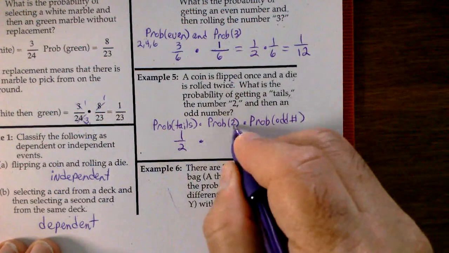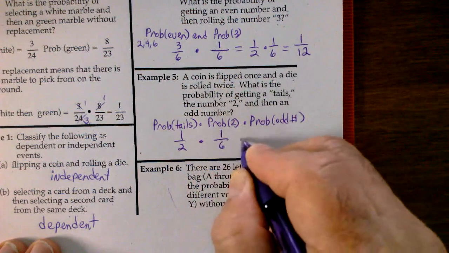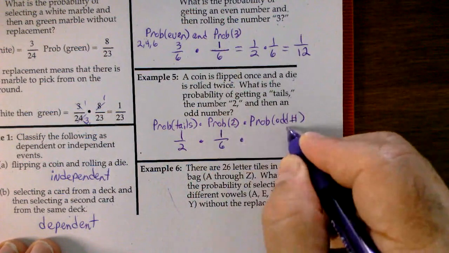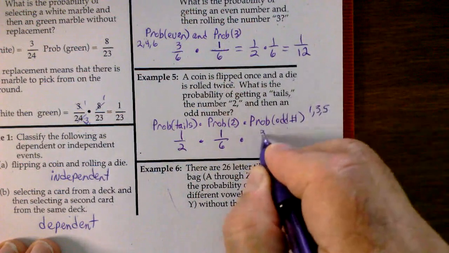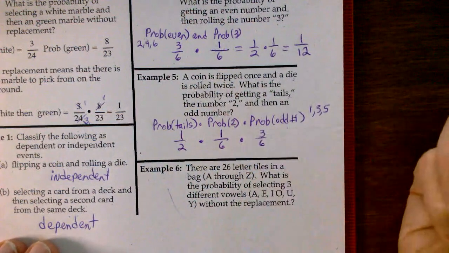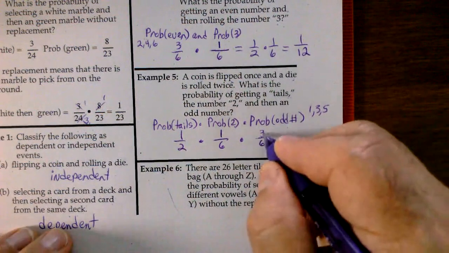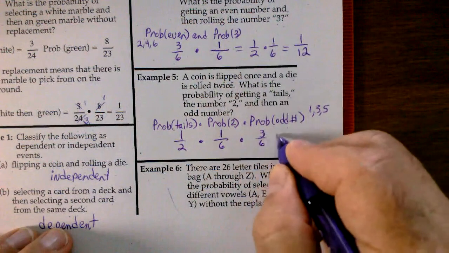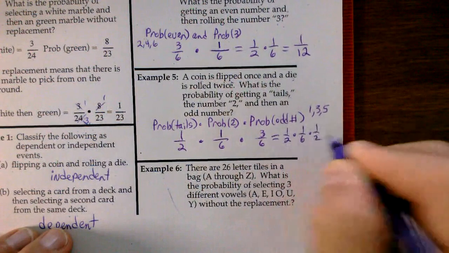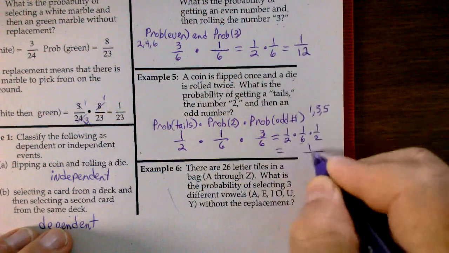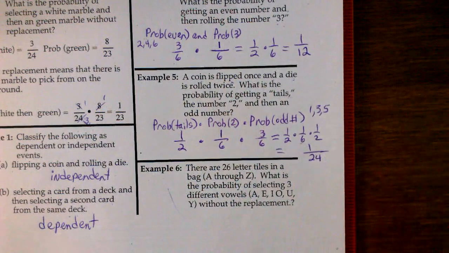The probability of a 2 on a die would be 1 number out of the 6. And then the third one, the odd numbers are 1, 3, and 5. That's 3 out of 6. They are independent of each other. And so this is what we write. I can reduce this down to 1/2 so that it's 1/2 times 1/6 times 1/2, and you get 1 out of 24. Very slim possibilities of that happening.